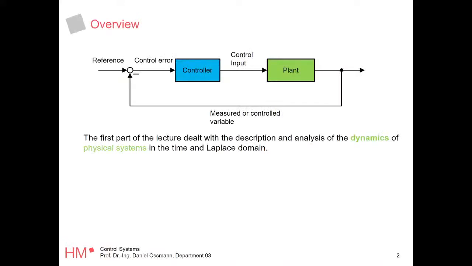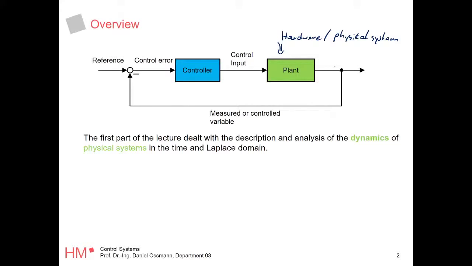Okay, again, let's have an update where we actually are. This is a control loop, right? I think I've shown you that guy in the first lecture, where we have our plant. So this is the hardware, our physical system. Can be your car, can be your aircraft, whatever your area you're working in.